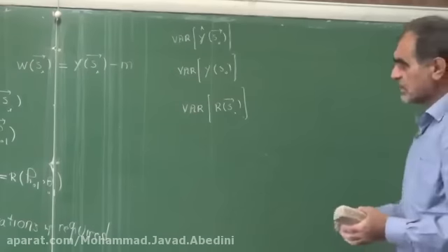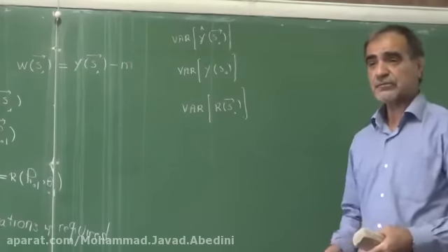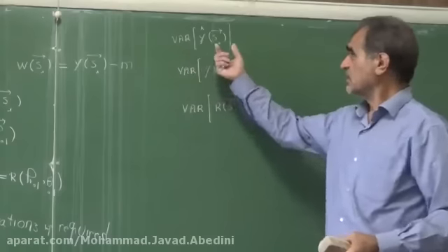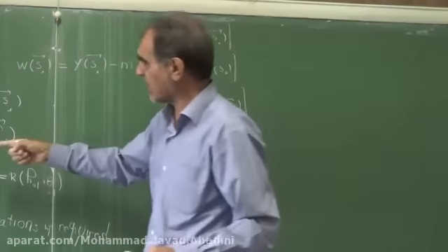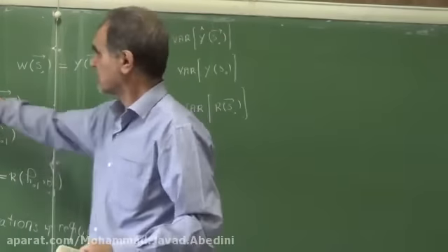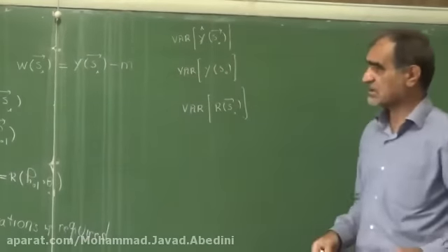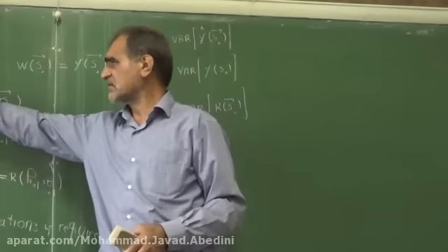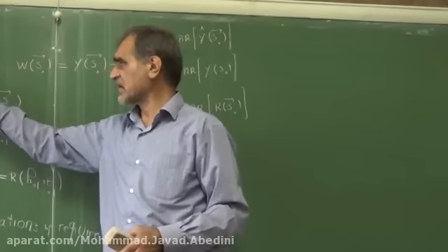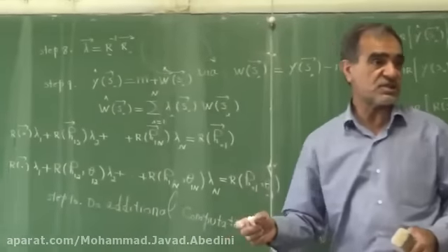How could it be possible to compute variance of estimated value? At first, we have to replace this variance of estimated value with what we have here. Where is it? This. And then you will realize that if you have this value added or subtracted from a random variable, its variance would not change.